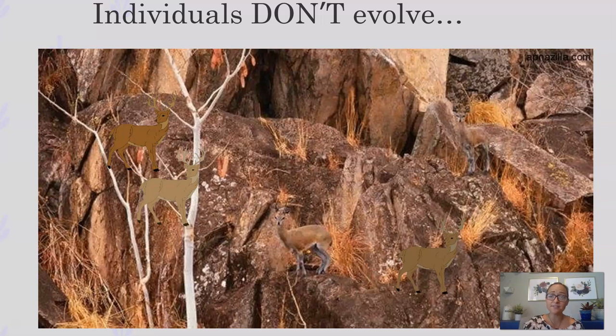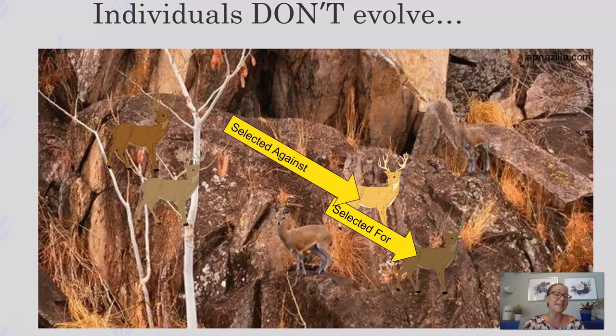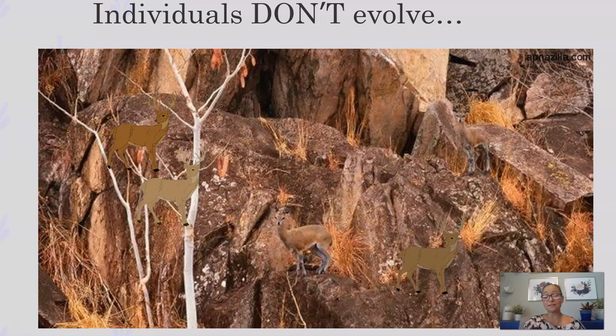The survivors are high fitness. They survive and they reproduce. So we say that some phenotypes are selected for, and the ones who didn't survive and have low fitness, we say are selected against. Now the phenotypes selected for reproduce, and you can see how that next generation has slightly different phenotypes than the previous.